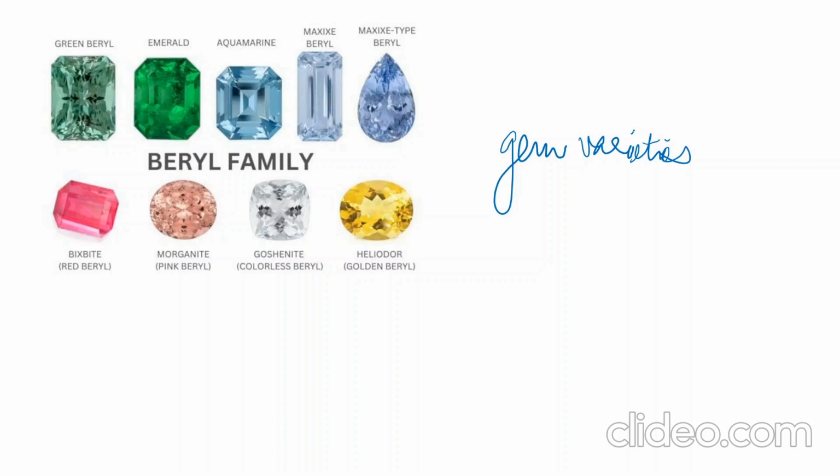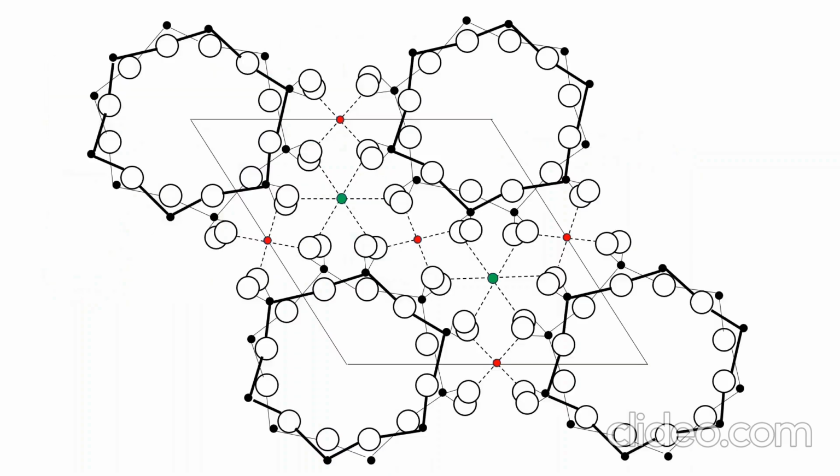You have green beryl, emerald, aquamarine, maxixe type beryl, then bixbite, which is also the red beryl. Then you have morganite, which is pink beryl, goshenite, colorless beryl, and heliodor, golden beryl. So these might be asked as multiple choice questions across a few competitive exams.